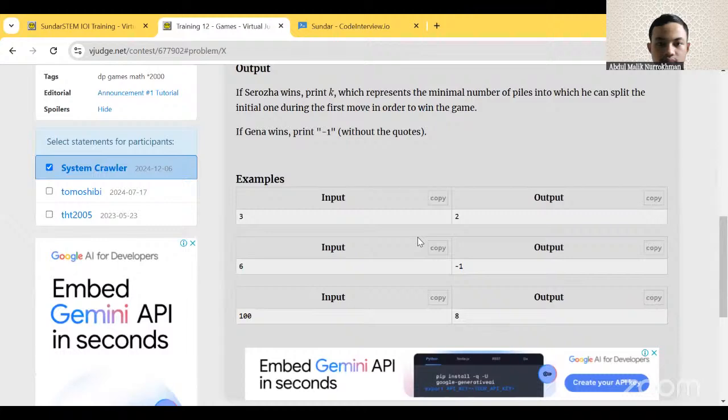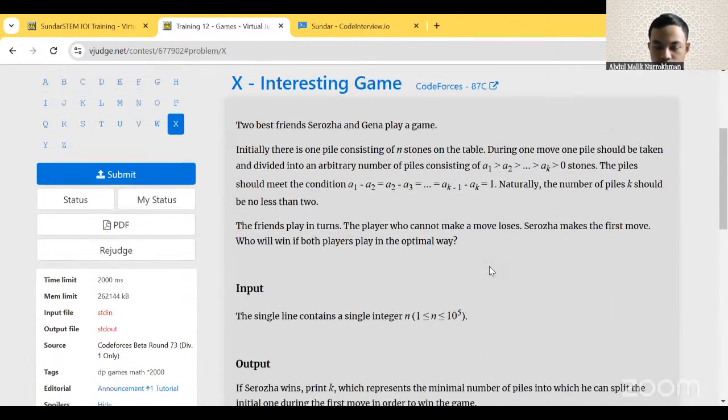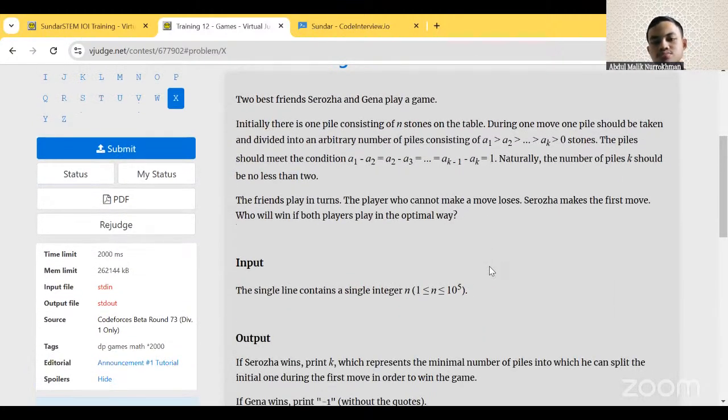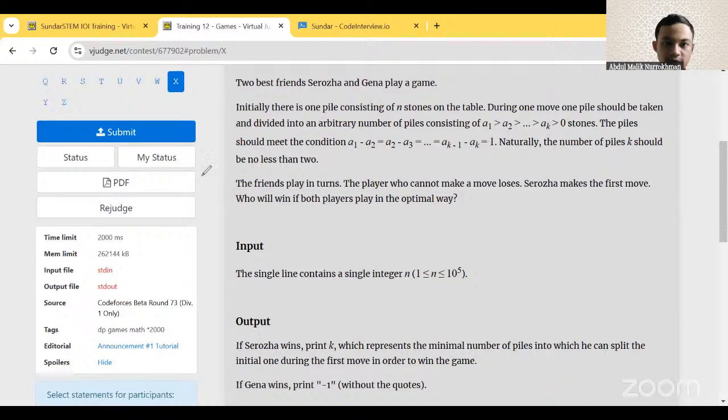The input given is only one integer, and the output is also one. And the game is like this. At first, there is only one pile, consisting of n stones.